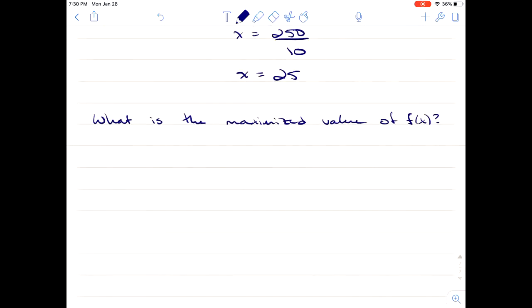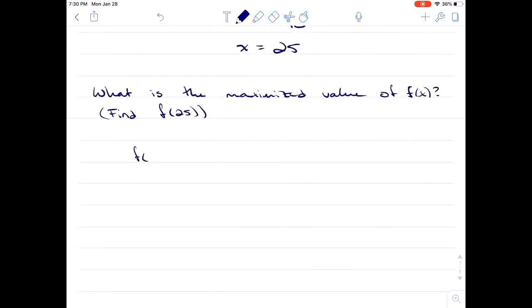Right? So what we're going to do is we're going to find f of 25. F of x, just so we have a reminder of it, was negative 5x squared plus 250x minus 500.